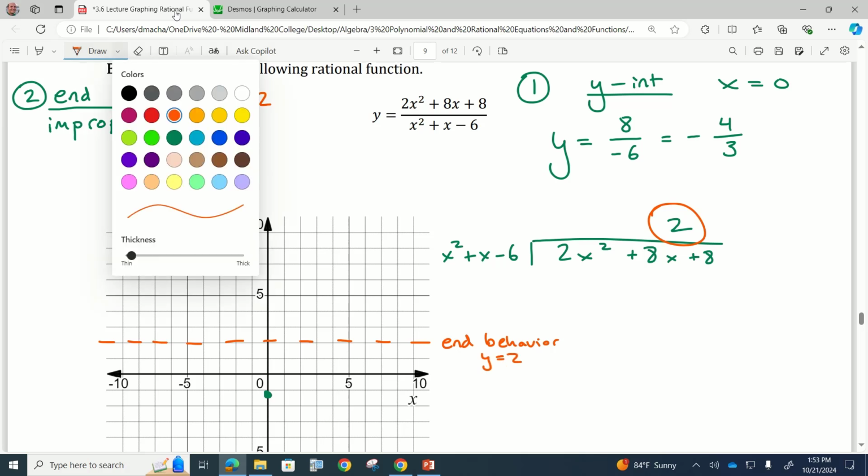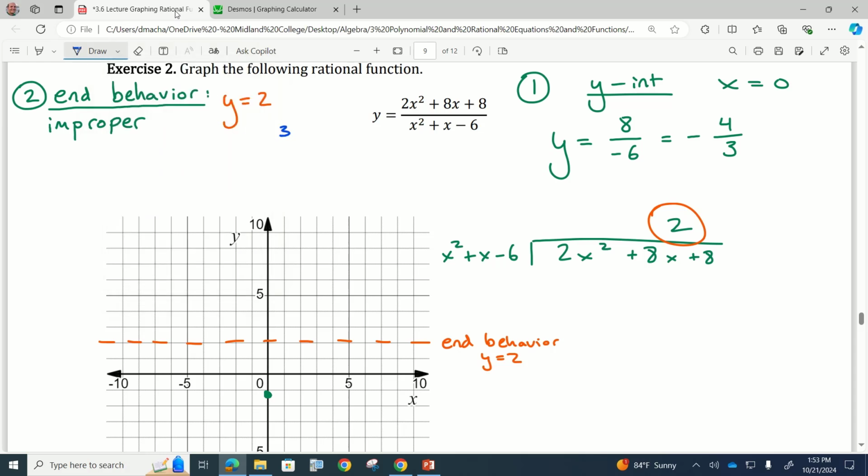All right, step number 3, I need to factor this. And so let's rewrite this thing in factored form. The numerator has the number 2 as the greatest common factor, so I went ahead and took the 2 out. And then the rest of the numerator factors as, yep, x plus 2 times x plus 2.